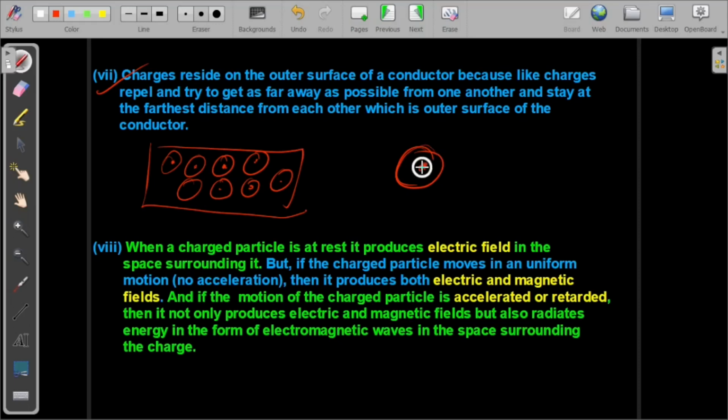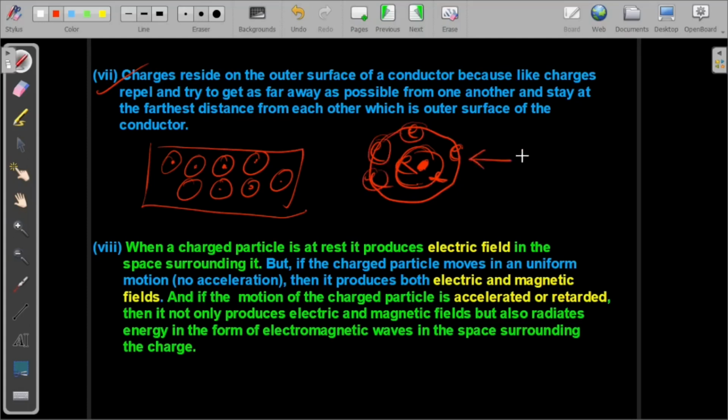You get one nucleus. Around this nucleus electrons revolve, in this way, electron, electron, electron. A proton and neutrons are in the nucleus. In a conductor, the outermost electrons are loosely bound.